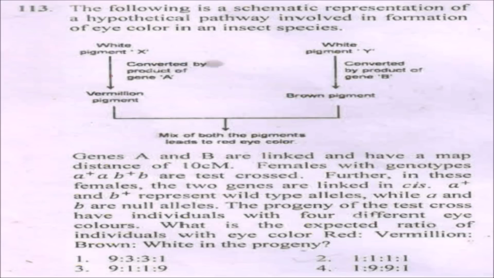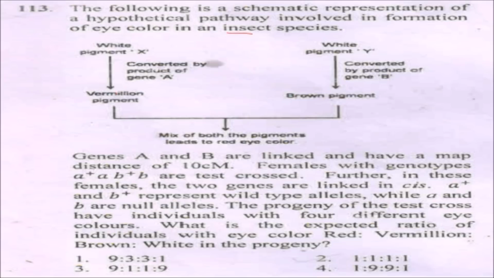Next question. The following is the schematic diagram representation of the hypothetical pathway involved in the formation of eye color in an insect species. The one having the white eye pigments X and Y both will control the white eye color of the insect.